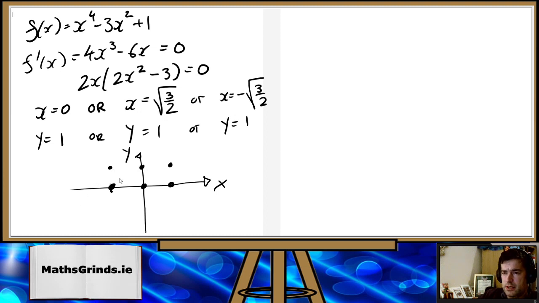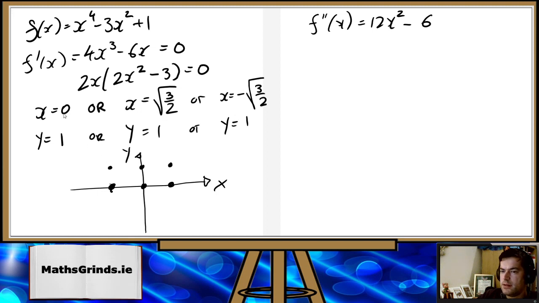Or it could actually be saddle points. Let's get the next derivative. That's 12x squared minus 6. That's a positive in the first case, so that means it's convex.